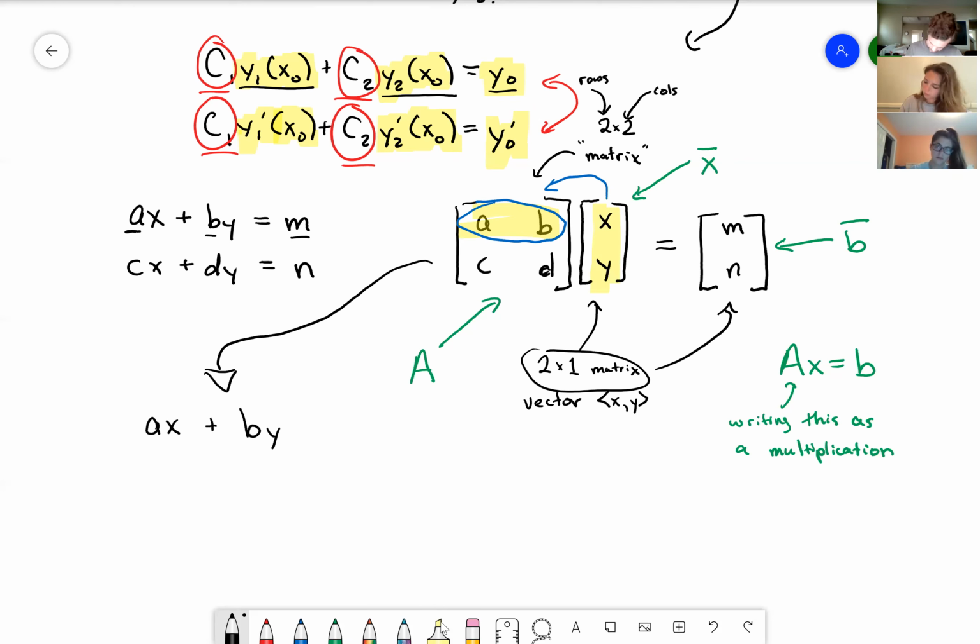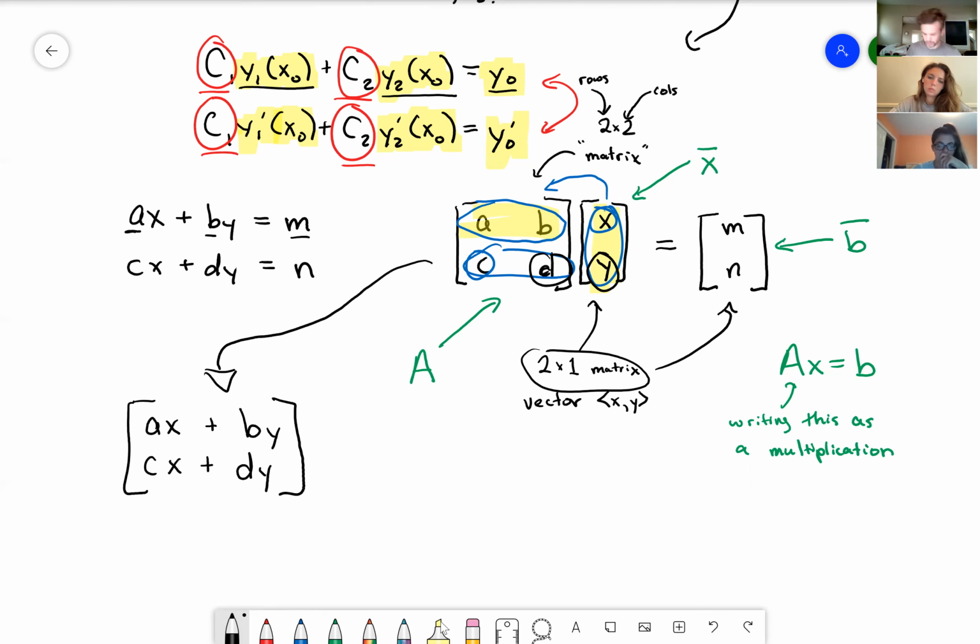And then we do the same thing for the second entry. We do the same column multiplied by the second row, so that'll give us the second entry in the product. And so the corresponding entries this time are c and x. We get cx, and then dy, and then we add them together.